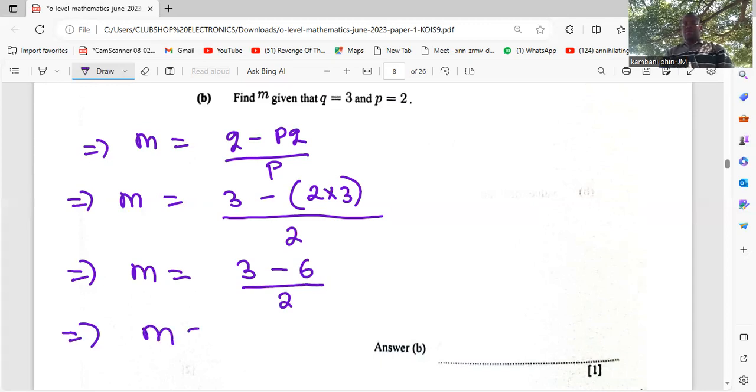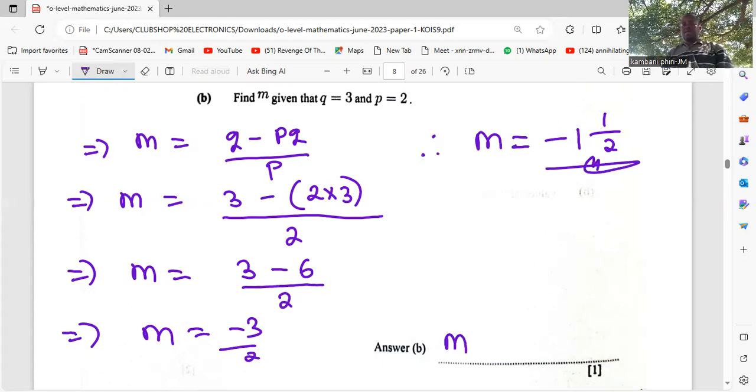Our M is equal to negative 3 divided by 2. Therefore, when you divide 2 into negative 3, you get negative 1, with a remainder of 1 divided by 2. So our M is negative 1 by 2.